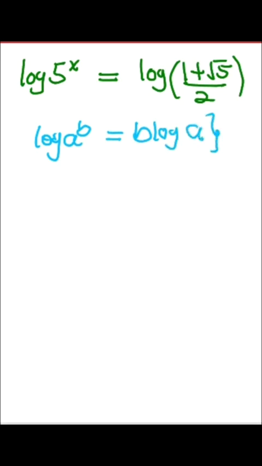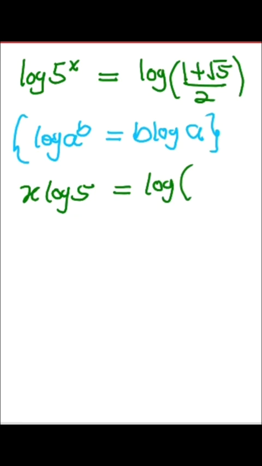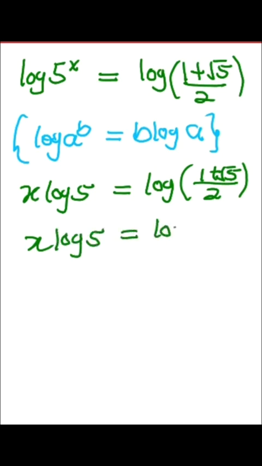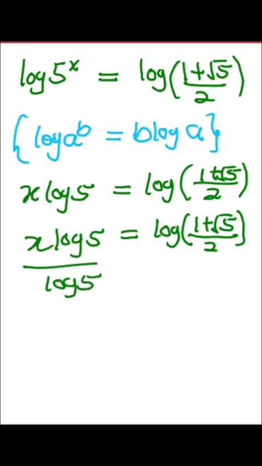Using that rule, this can be written as x log 5 equals log of 1 plus root 5 divided by 2. Here we divide both sides by log 5.